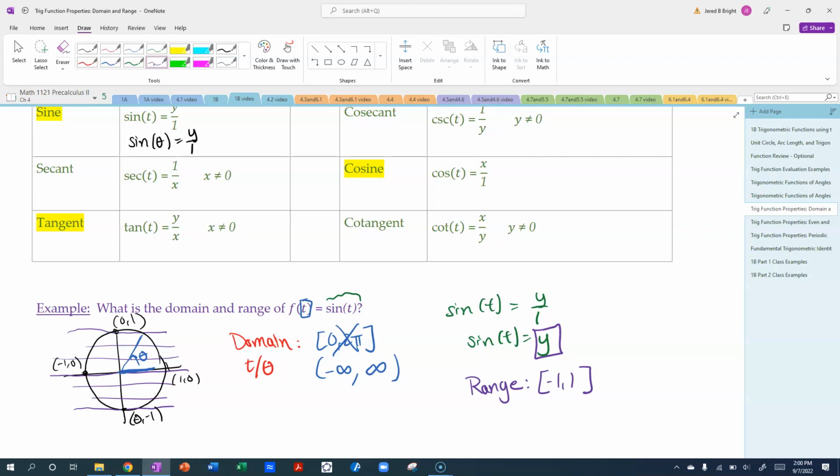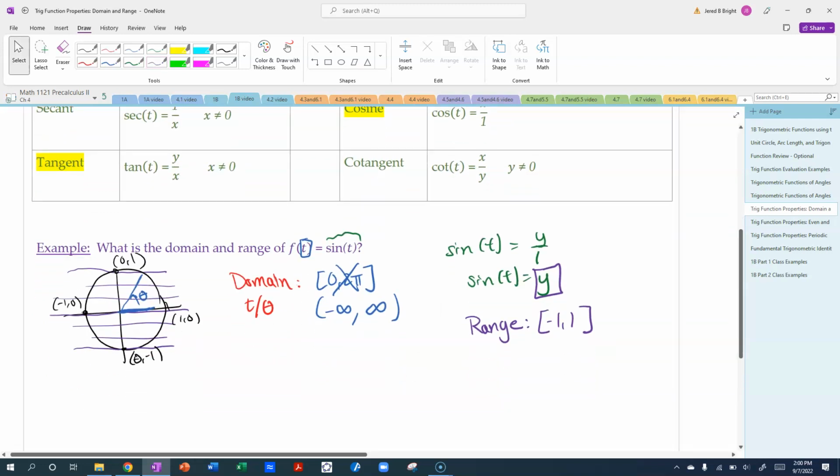The domain and range here for sine end up being exactly the same for cosine. Okay, so cosine will have a domain that is minus infinity to infinity and a range that is -1 to 1. But again, cosine is looking at, for its output, x over 1, right? So cosine of theta is equal to x over 1.